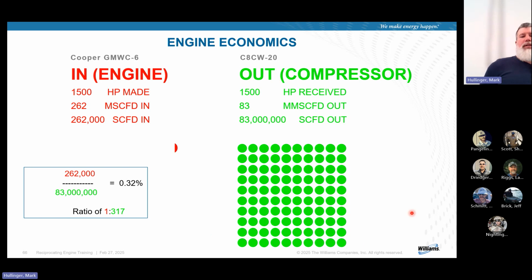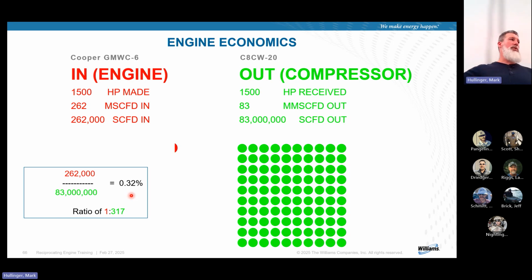Another way of looking at that engine is what's going into the engine is 0.26 million. What's going out is 83 million. So that's 1 part of fuel to 317 units of gas pushed out. Okay. So a pretty good ratio. That's 0.32%.